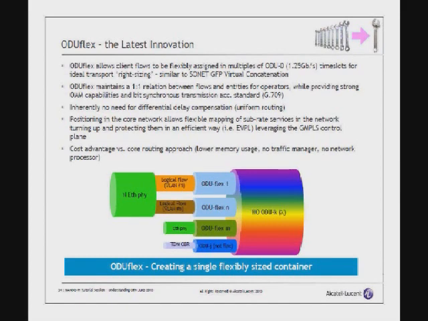But I think the key is now having the ability of a container in this space that can be sized appropriately for varying underlying traffic needs. And as you can see, you can have ODU Flexes in a higher ODU container. So these ODU Flex containers can be of different sizes and then multiplexed up into a higher order container.